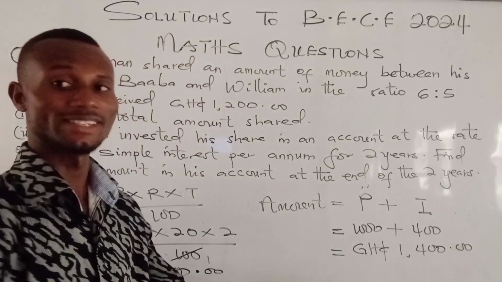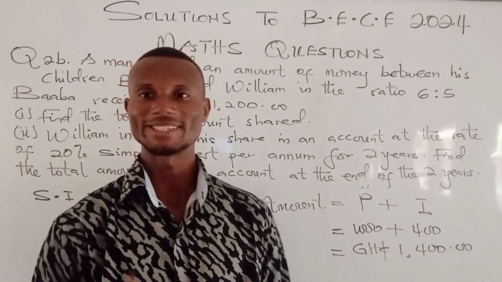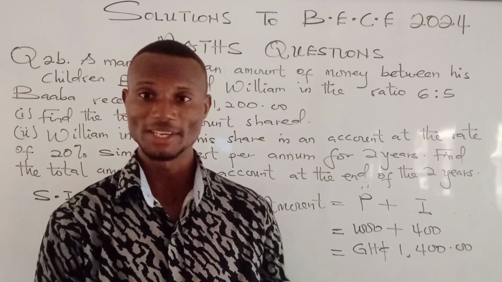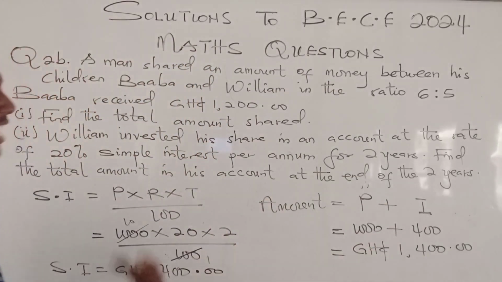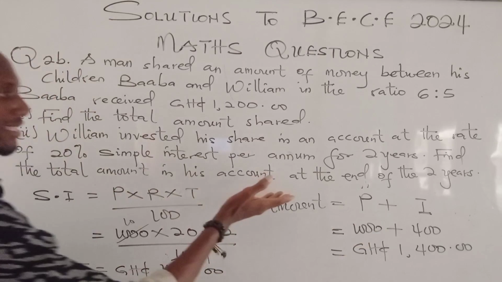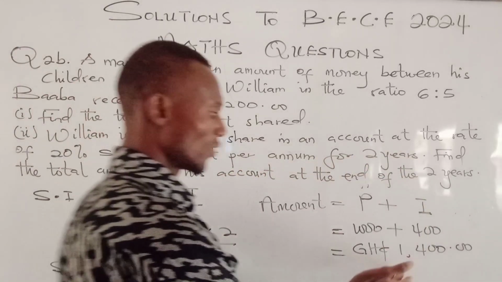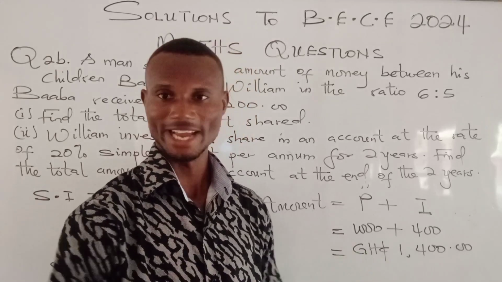This is the amount that he will have in his account at the end of the 2 years. So you write a conclusion for it. Say, therefore, the amount that William will have in his account at the end of the 2 years will be equal to 1,400 Ghana cedis, and you are done.